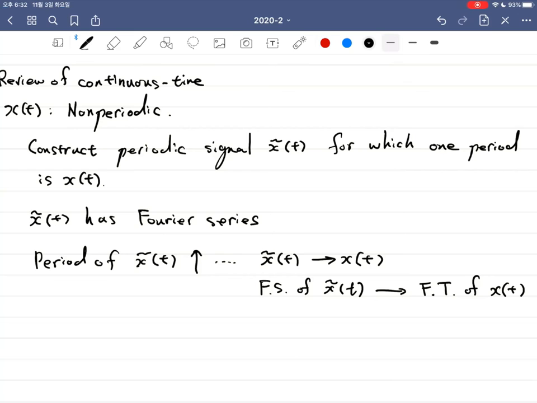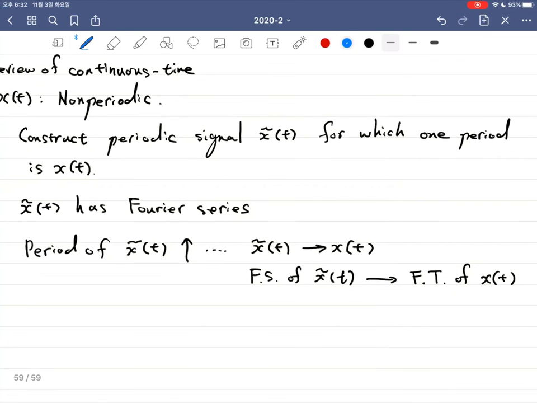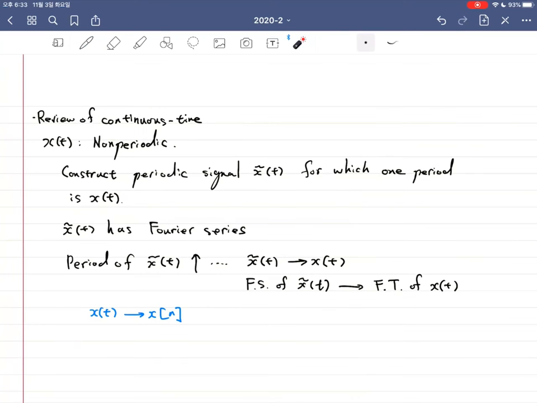And now we will apply the same strategy to discrete time. The only thing you have to do with this derivation is to make xt into xn. I'm not going to rewrite the whole thing because it is practically the same derivation that we have done in continuous time.